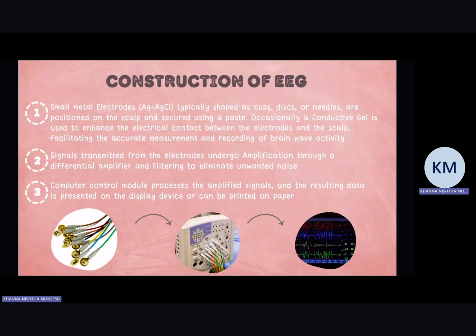Signals captured by the electrodes undergo amplification via a differential amplifier and filtering to remove unwanted noise. Finally, a computer control module processes the amplified signals and the resulting data is displayed on a monitor or can be printed for further analysis.